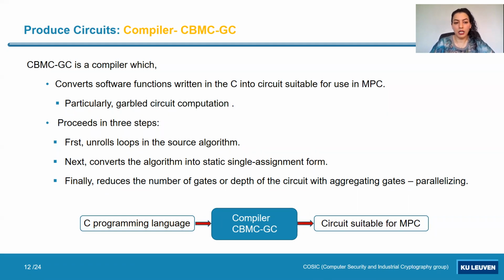The CBMC-GC compiler converts a software function written in C to a circuit which is suitable for MPC, which is MPC friendly. It proceeds in 3 steps. In the first step, it unrolls loops in the source algorithm, next converts the algorithm to a single assignment form, and finally it decreases the depth of AND gates and optimizes it.